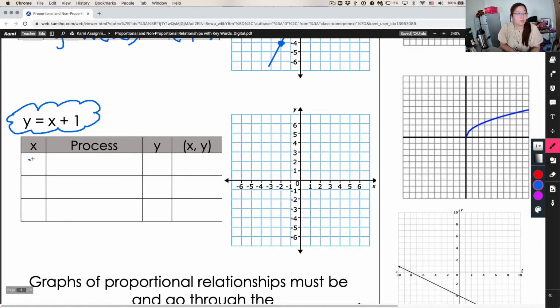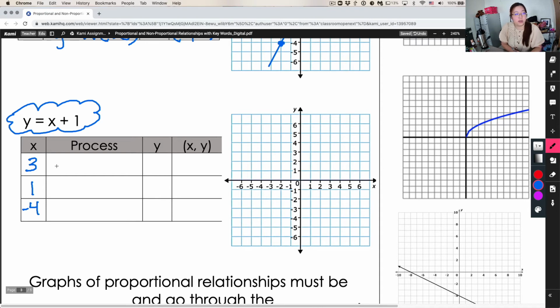So let's say 3, 1, and -4. Okay. So our process is pretty much the same, except this time our equation is different. So instead of multiplying them, we're going to be adding 1. So our y is going to be 1 plus whatever our x is.